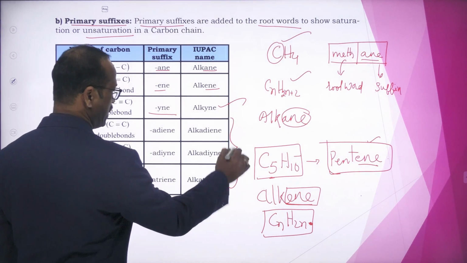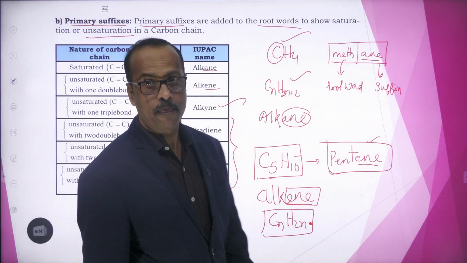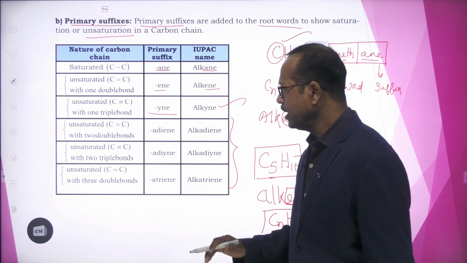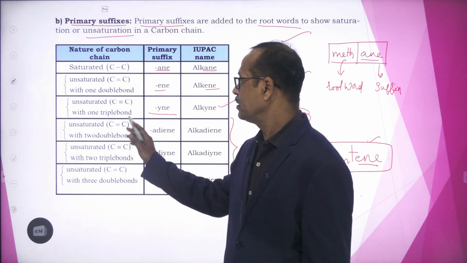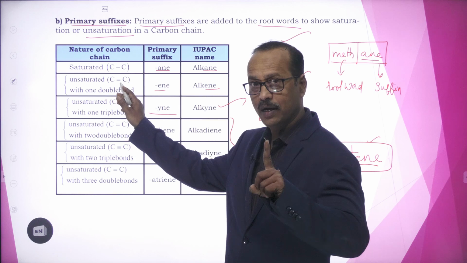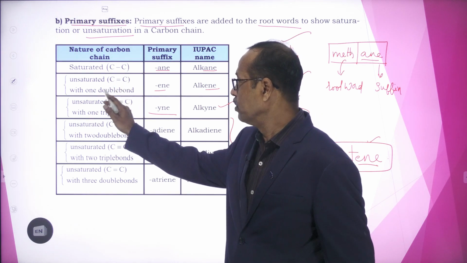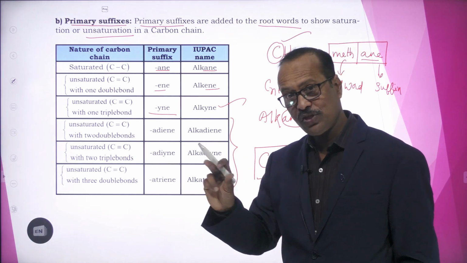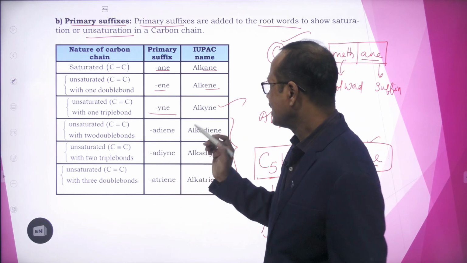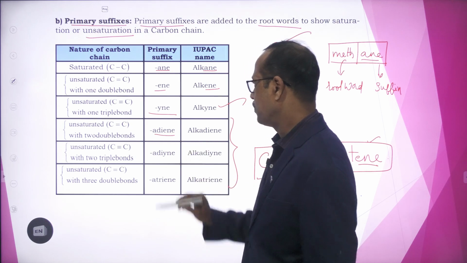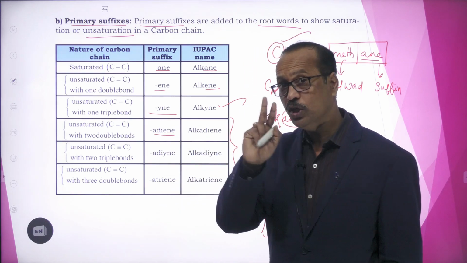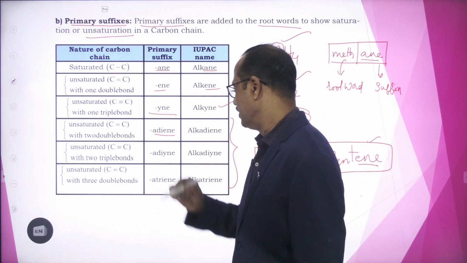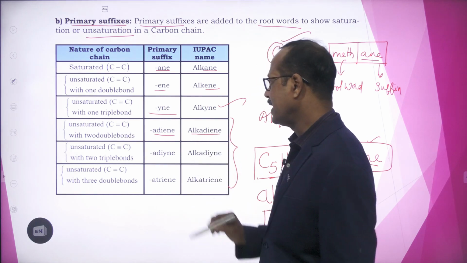You can study these three later, but if two double bonds are there, like here there is only a single double bond, one double bond, this is called ene. If sometimes in one chain there are two double bonds, then that is called a diene. Di stands for two. Alkadiene.